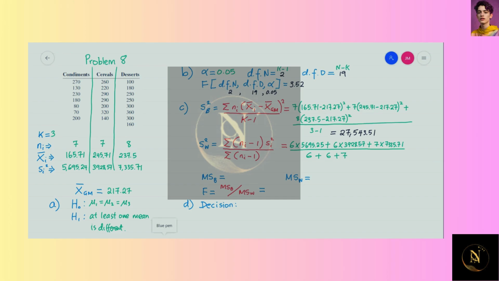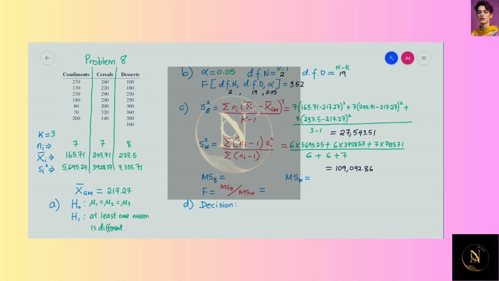When this is worked out, the value for the variance within the groups is 109,092.86.